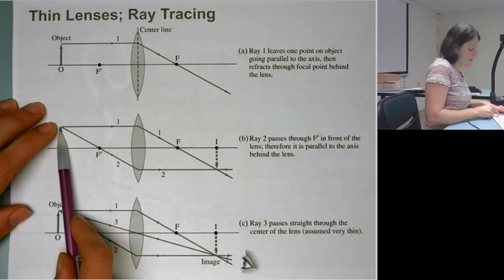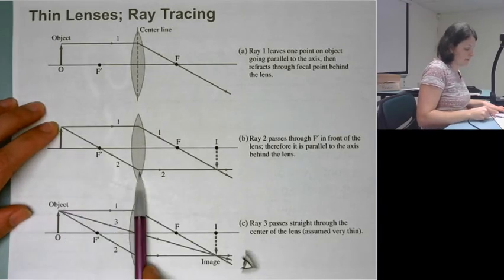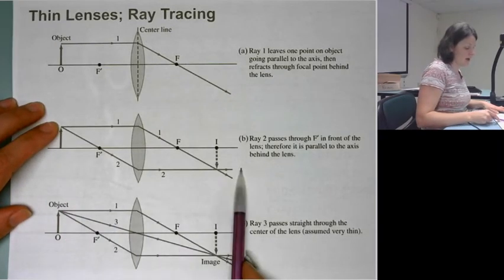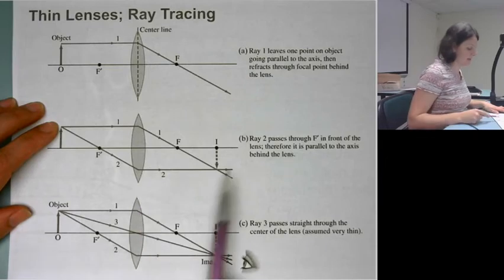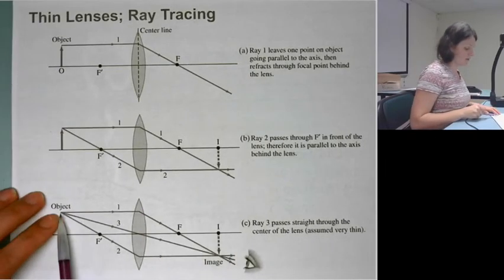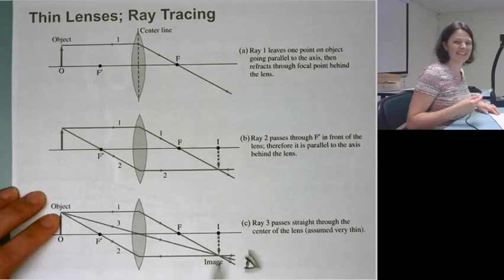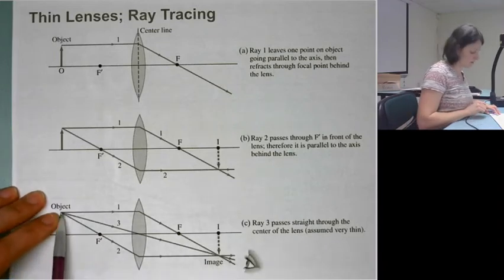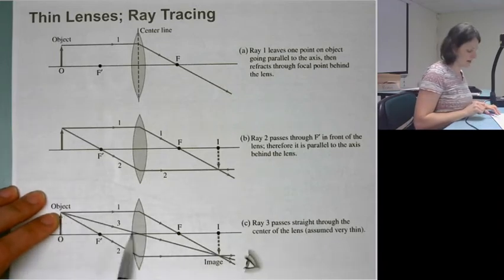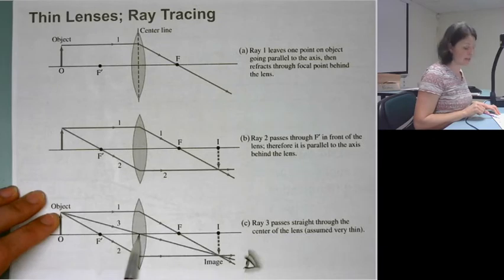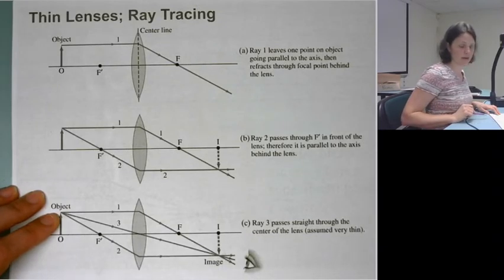Ray number 2 passes through the focal point, and then it runs out through the lens and then comes out parallel. And then the third ray for a lens is the easiest ray to draw, which is one that makes a straight line. It's going to pass straight through the center of the lens and out here. And where these three cross is where a real inverted image will be formed.